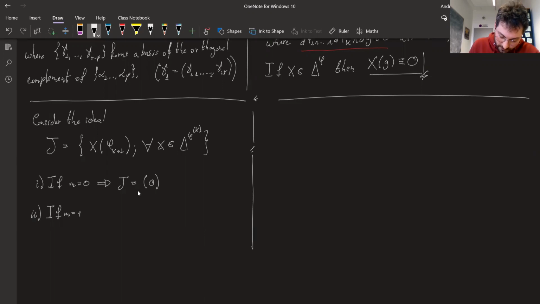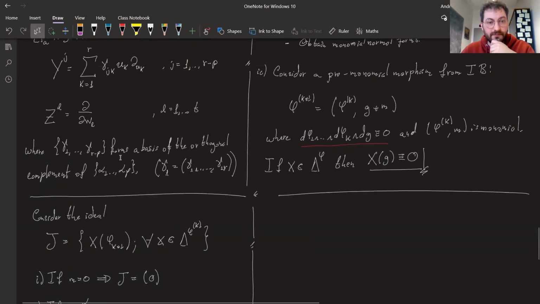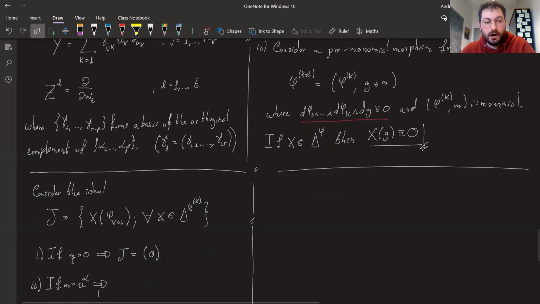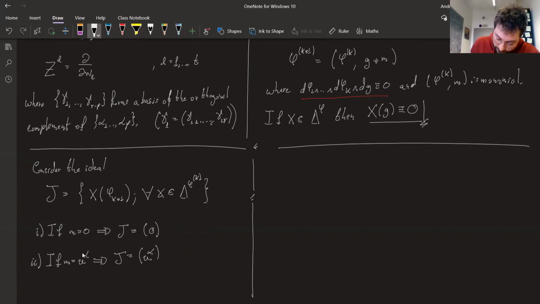If m is of the form u to the power alpha, then this alpha was linearly independent from alpha 1 to alpha 2p. Therefore, when we take a derivation x of it, we are going to be forming a basis of the orthogonal complement. So there's at least one of these derivations which applied to u alpha is non-zero. So this J is going to be equal to u alpha.